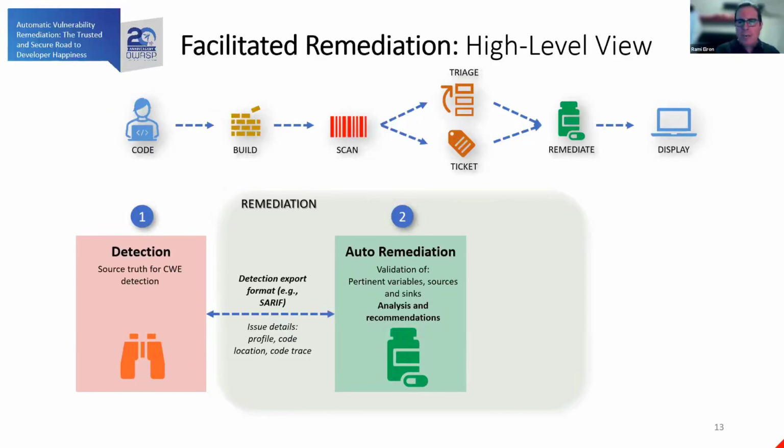And as you can see here, the way things could be extracted from detection could be through a variety of formats, SARIF being just one mere example, with the details concerning profile, code location, code trace, among other things. The main purpose of auto-remediation would be to come up with the analysis and recommendations, not just for the solution, but for the annotations, for the placement, and for what kind of actions need to be taken in order to streamline the process into fruition.